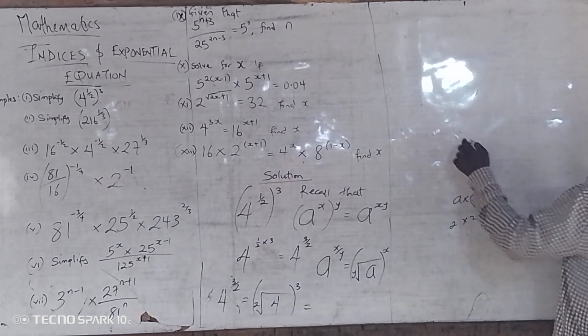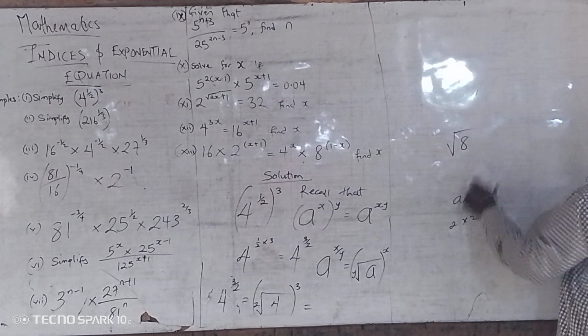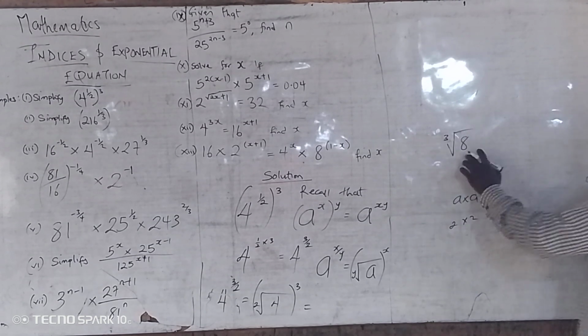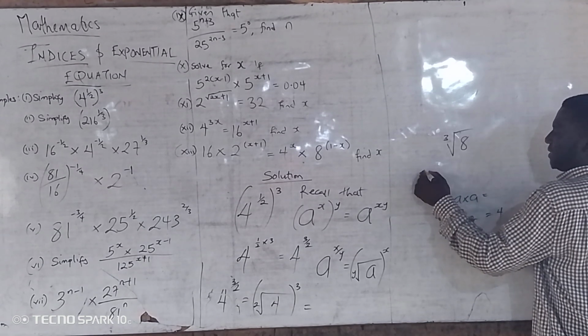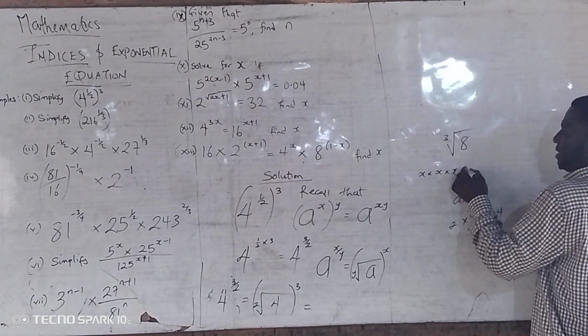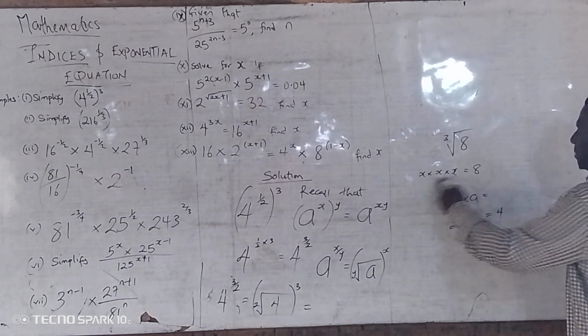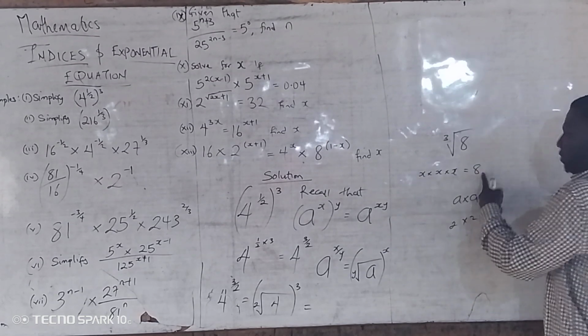Before I continue, let me take another instance. For example, if you have 8 and you have 3 here, that's the cube root of 8. This means which number, say for instance, x times x times x, will you multiply like this and it will give you 8? That means the same number will multiply itself 3 times, because of this 3, to give you 8.